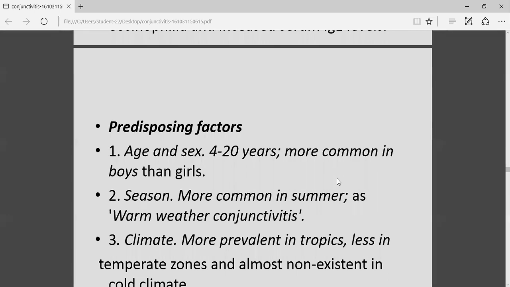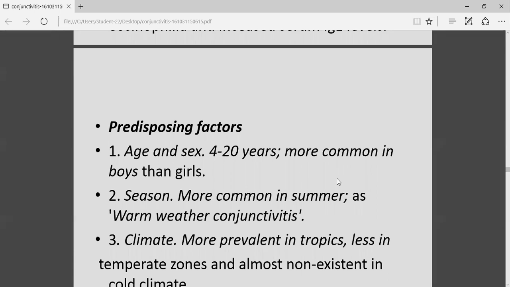And then the climate also makes a difference. Our city's climate, our province's climate is basically tropical, and therefore it is more common in this climate.